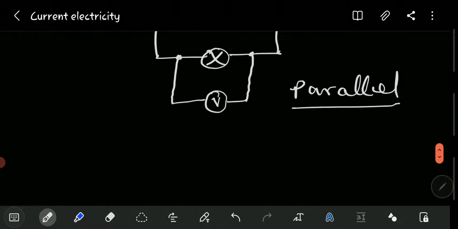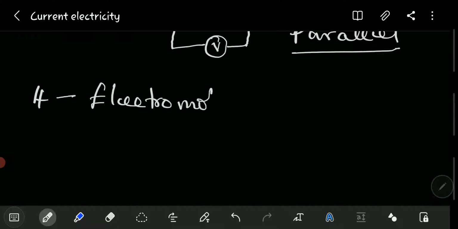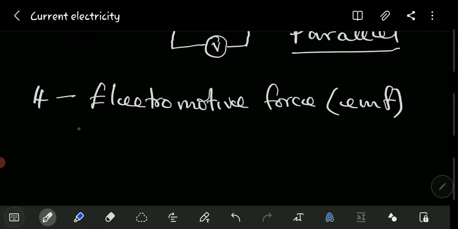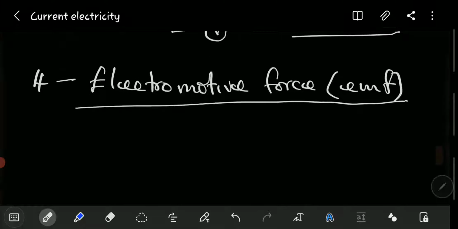All right, we turn our attention to another term, the fourth term, which is electromotive force, EMF.